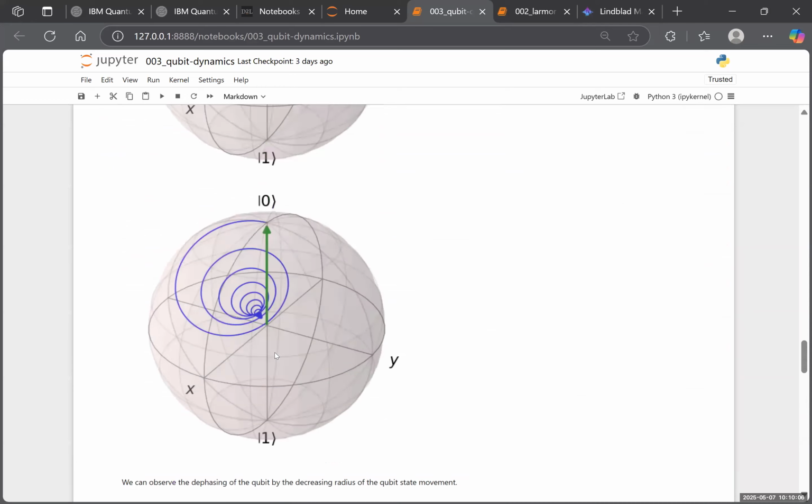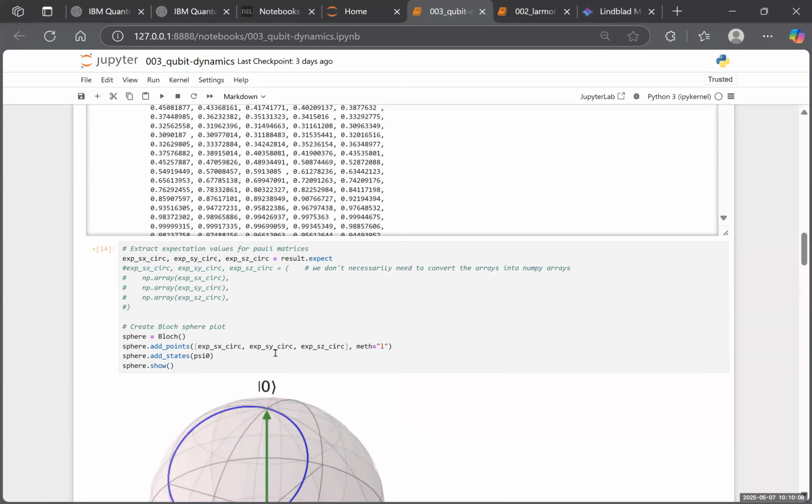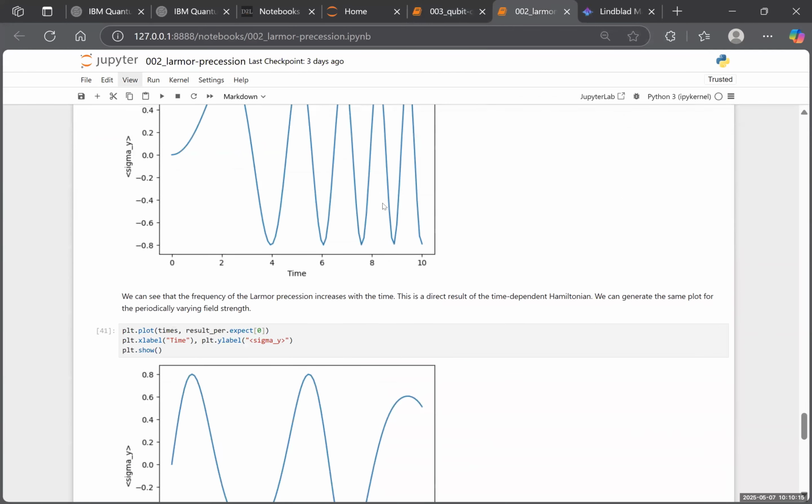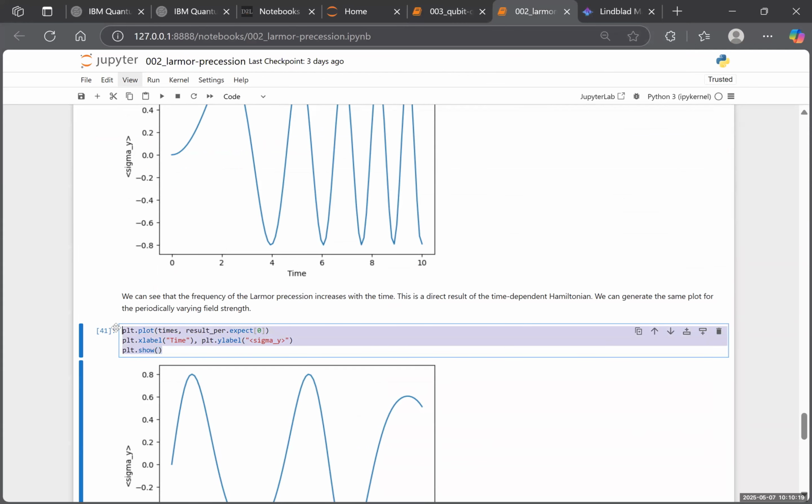And if you want, you can also plot these expectation values using this.